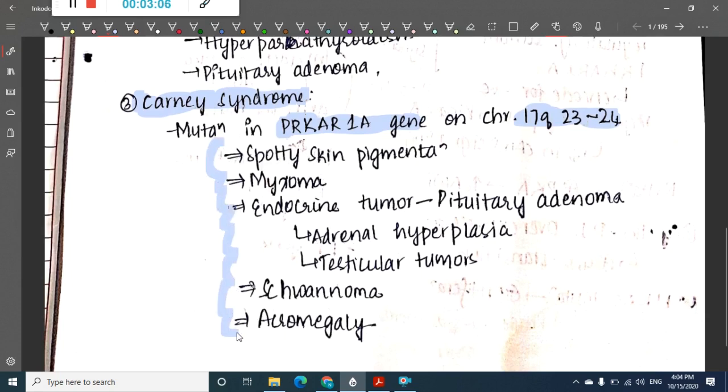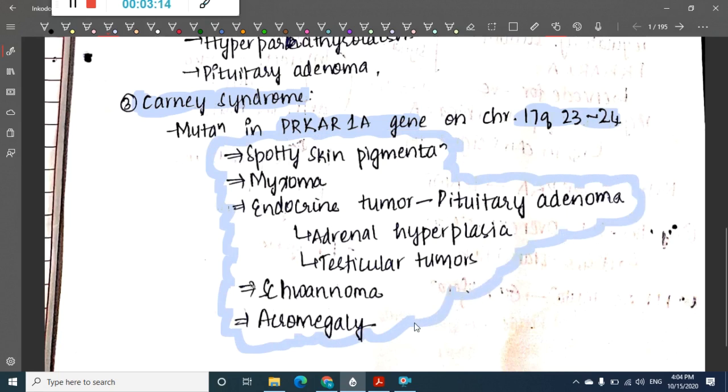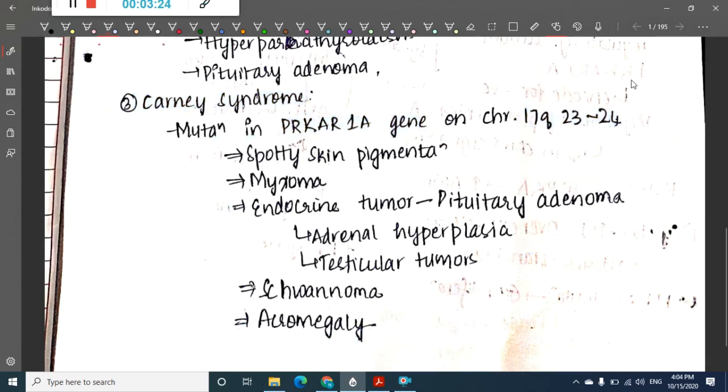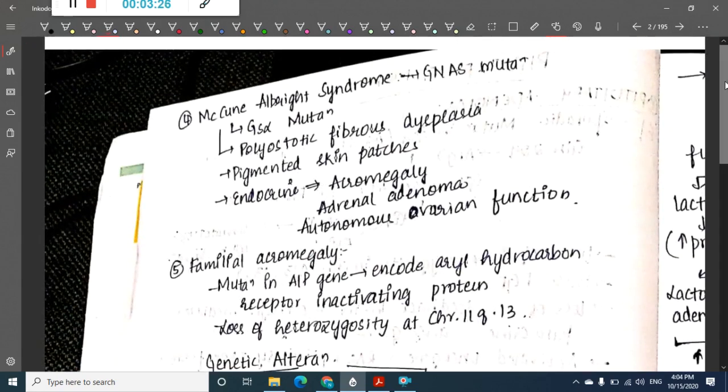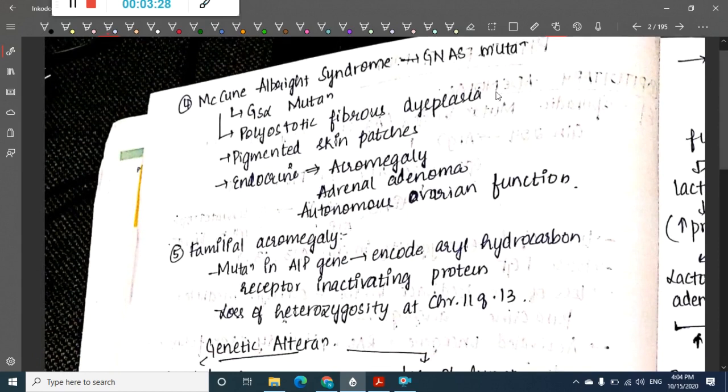It is associated with schwannomas, and acromegaly is seen in Carney syndrome. So spotty skin pigmentation, myxoma, endocrine tumors, schwannomas, and acromegaly are associated with Carney syndrome, which is in turn associated with pituitary tumors.